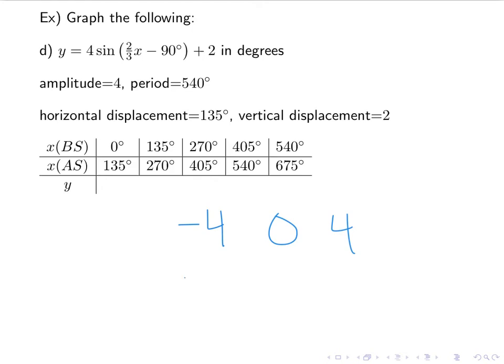I'm going to add 2 to each of those values. So my new minimum is negative 2, my new 0 is 2, and my new maximum is 6. Sine starts at 0, so it's going to start at 2 and then move up. So 2 goes up to 6, goes back down to 2, goes down to my minimum of negative 2, and then goes back up to my 0, which is 2.